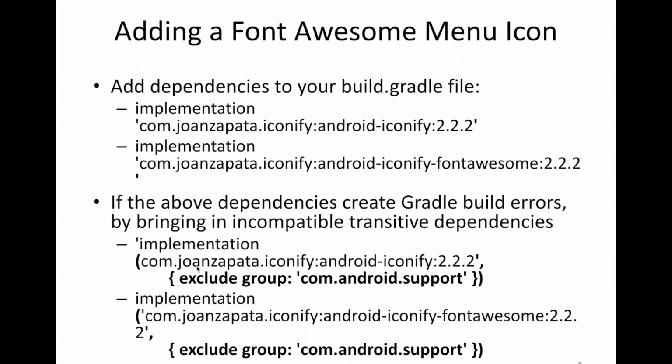On some earlier versions of Android Studio, I was having this problem where if I tried to add the Font Awesome dependencies, it would pull in com.android.support, but it was an older version than the one my project was using, and then my project wouldn't build.